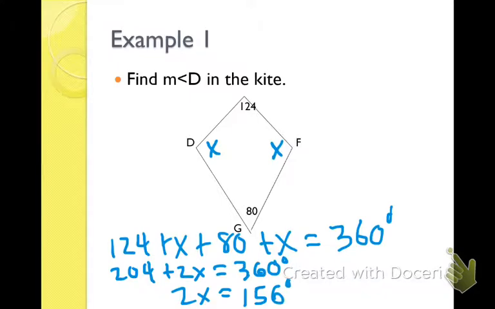So X equals, what's 156 divided by 2? Good. That's good. Mental math right there. 78. Any questions? No questions. Everybody have that written down? All right.